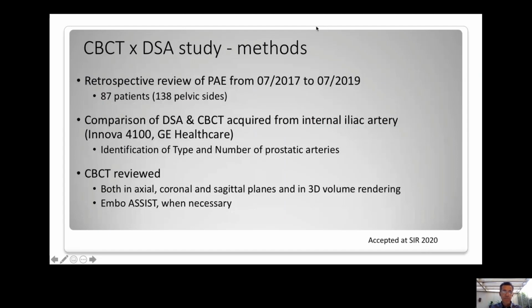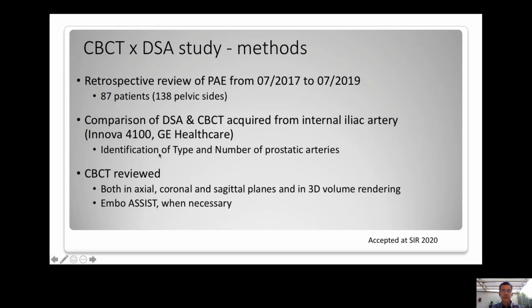And here I can present to you our results when we evaluated 138 pelvic sites during 2 years, from 2017 to 2019. We did a comparison with Carnevale CT and DSA, and we got an acquisition using the 5 French guiding catheter in the internal iliac artery.